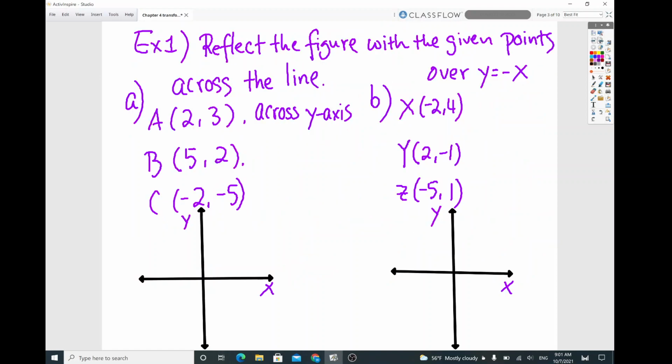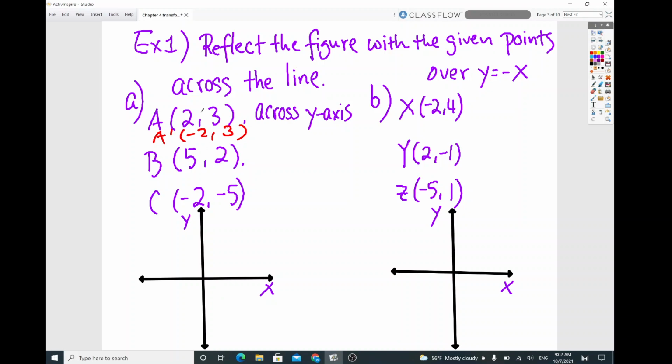Now let's look at some examples. Reflect the figure with the given points across the line. For the first one, it's across the y-axis. We have 2 comma 3, so A prime is going to be written as negative 2 comma 3.